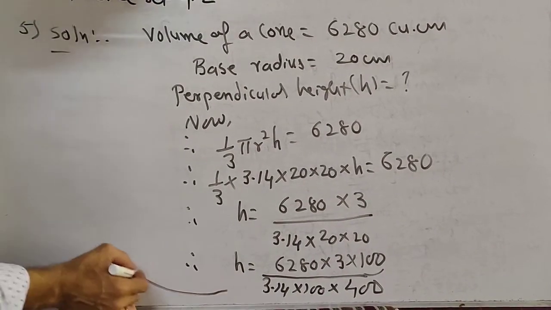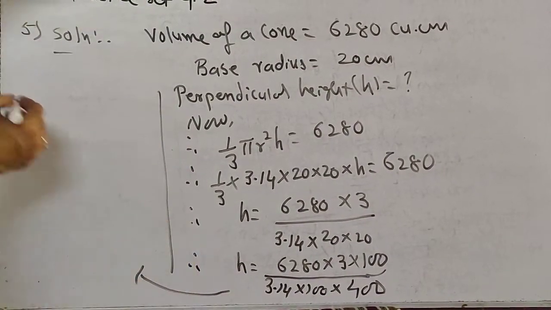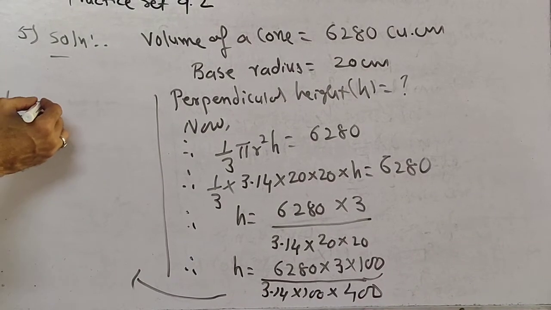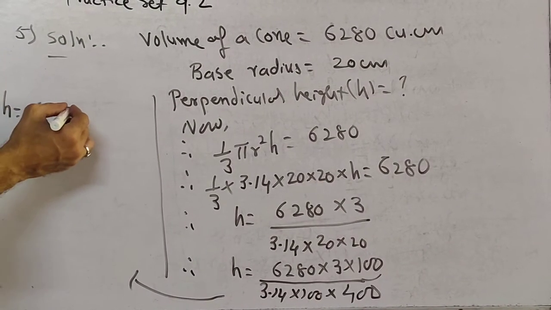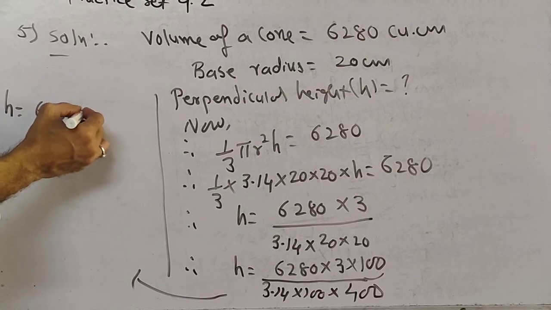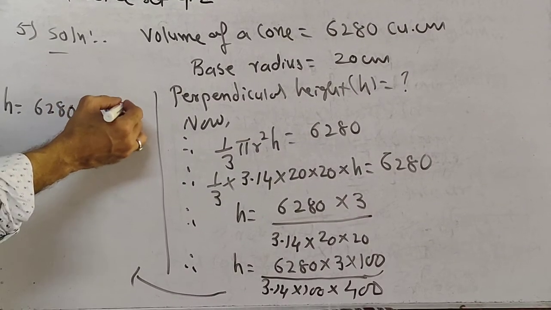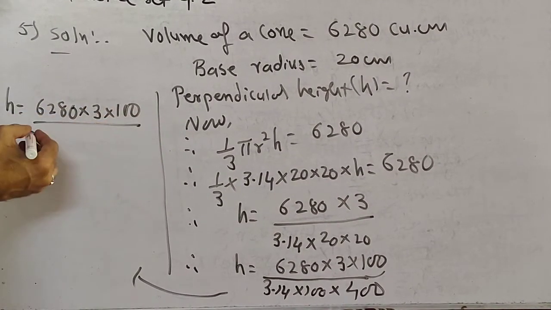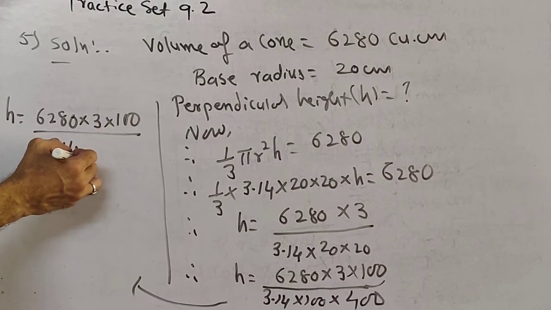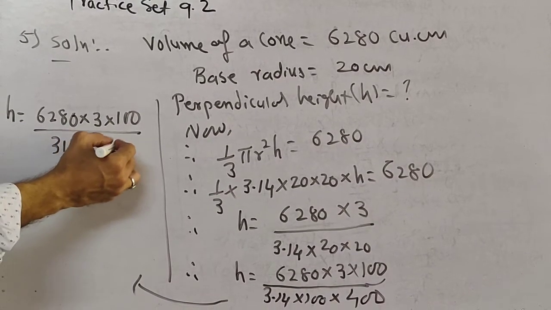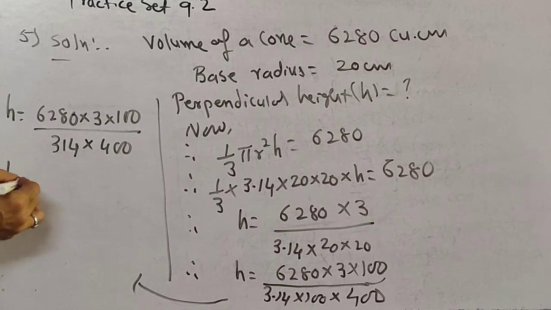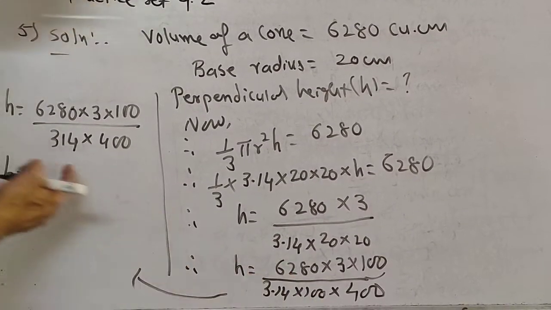So I am writing here, h is equal to 6280 into 3 into 100 upon 314 into 400. Okay, the point will get cancelled here.